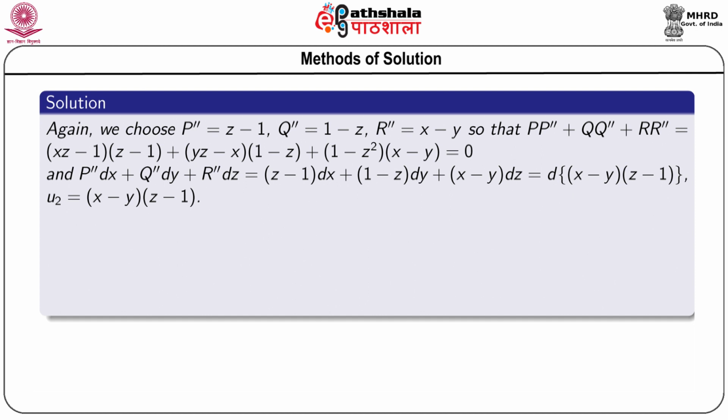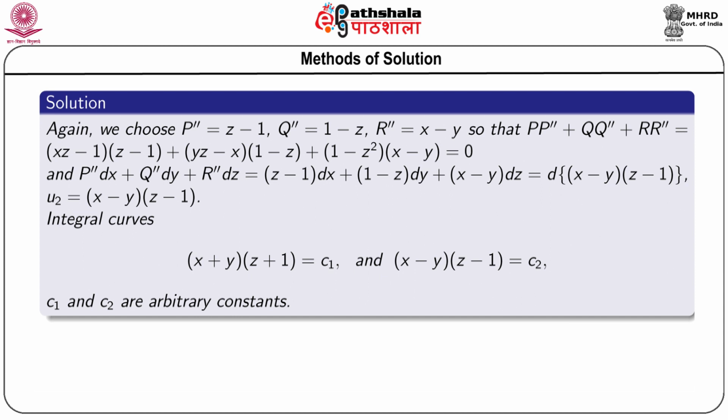So, our second integral is u2 equals x minus y into z minus c. Therefore, the general solution of the given system of equations can be written in this form. This is one integral and this is another integral, and these two equations represent a curve with two parameters.